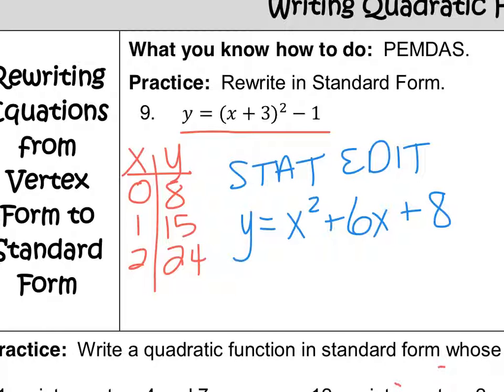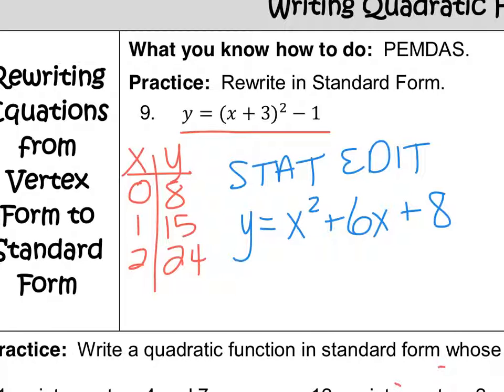So the big part about this is just getting you to start thinking about how much your calculator can do for you. If you can get something into y equals, you can always pull up points on the table. If you've got points on a table, you can use StatEdit and always get your standard form. How do I check to see if I've done this correctly?